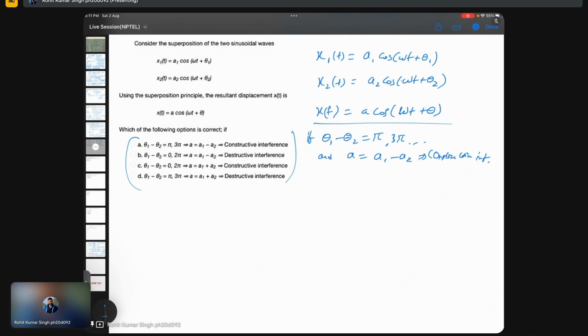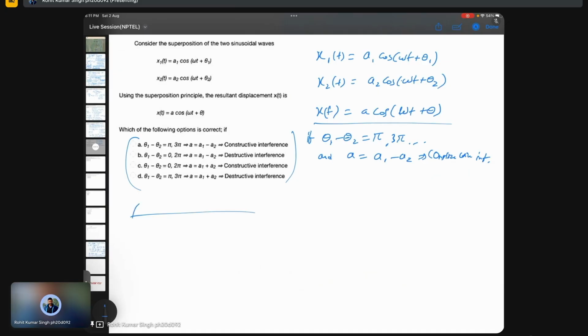interference. So what do you mean by constructive and destructive interference? Everyone knows what constructive and destructive interference is? Okay, let me explain very briefly.